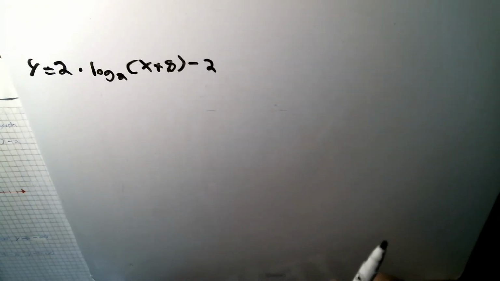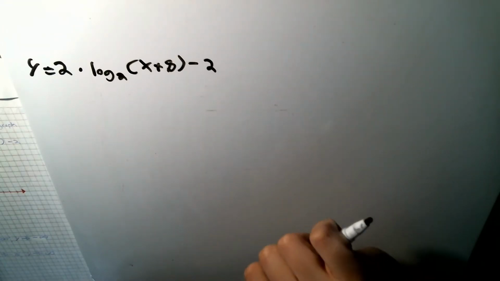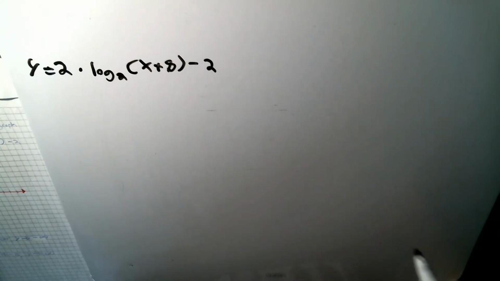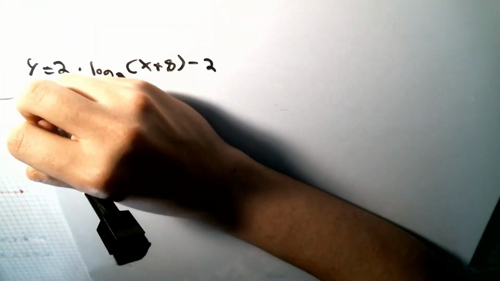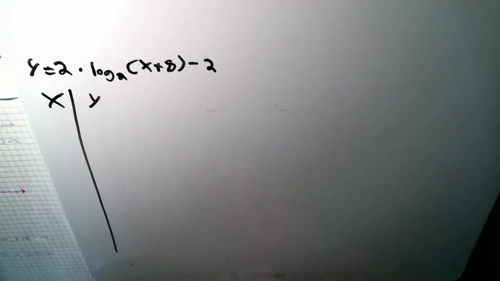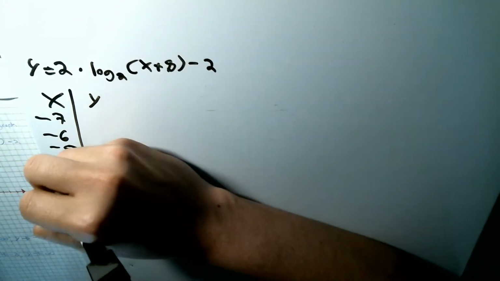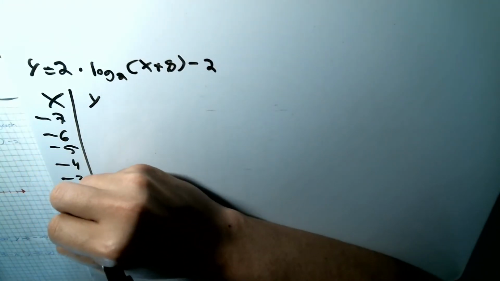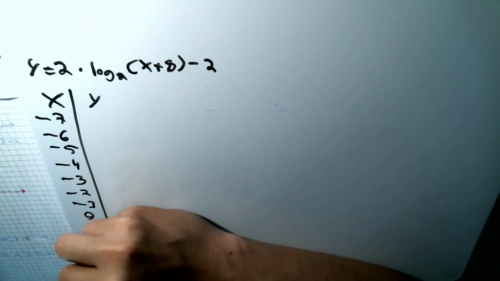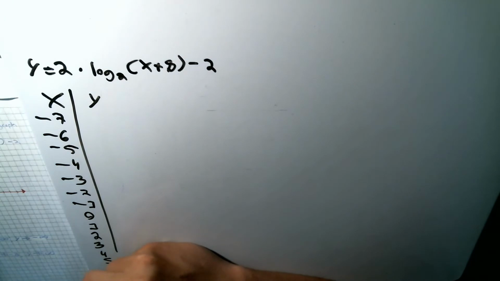So now we are actually going to graph, and because the vertical asymptote is x equals minus 8, we will graph the points starting from this point. So x and y: minus 7, minus 6, minus 5, minus 4, minus 3, minus 2, minus 1, 0, 1, 2, 3, 4, 5, 6, 7, 8.